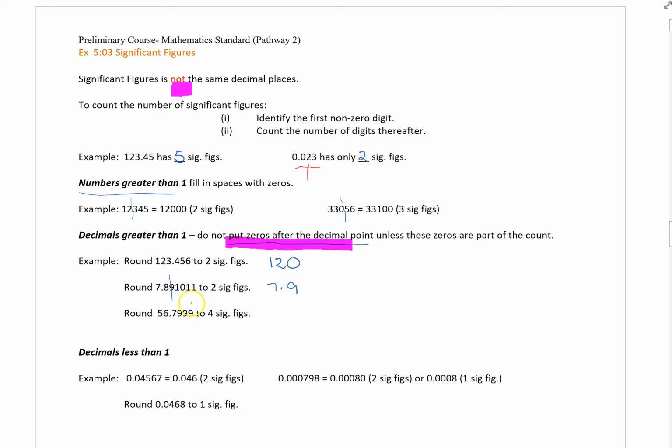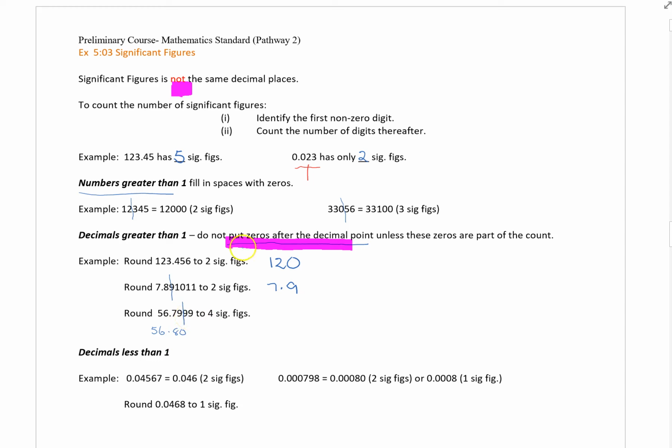To 4 sig figs, we're going to cut off here. And when you cut off a 9, because we're cutting off there, it's 1, 2, 3, 4, there's my sig figs. And the 9 will mean this 7 rounds to 8.